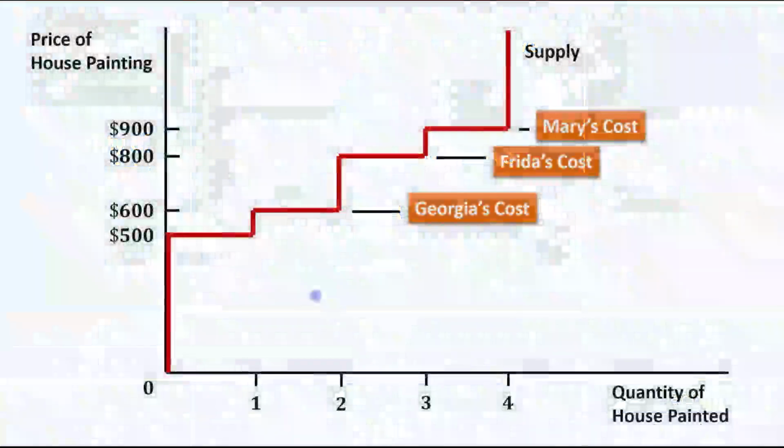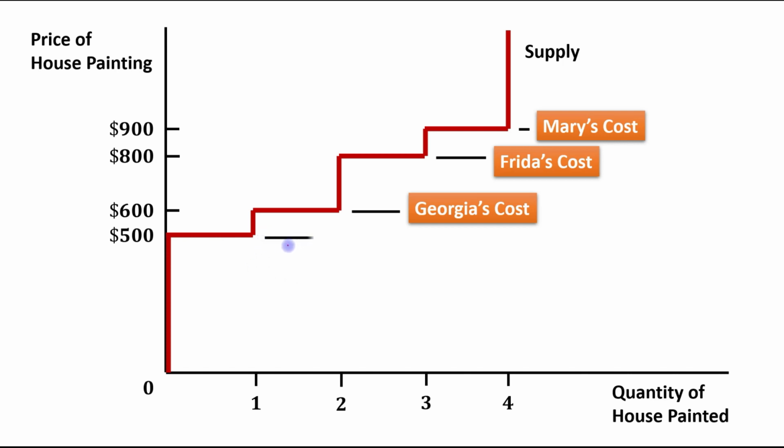So we can write here that this is grandma's cost. So I think you can see the relationship between the height of the supply curve and the cost of the marginal seller.